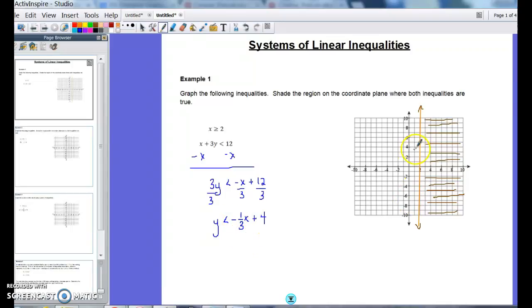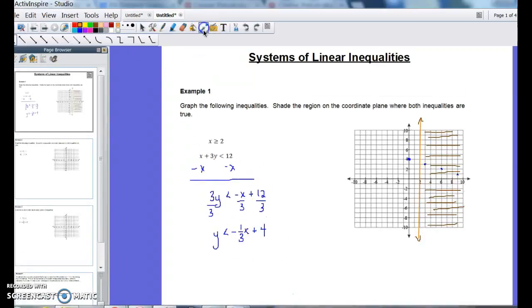Okay, so I'm starting my line at 4. And my slope is negative 1/3, which means I go down 1 and over 3, down 1 and over 3. Okay, now because it's just a less than symbol, my line should be dotted.